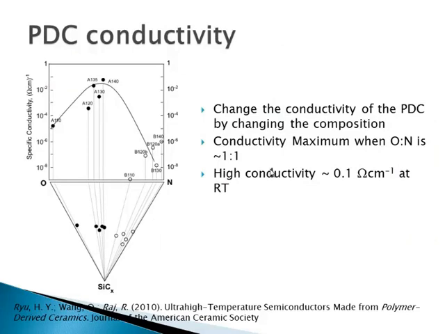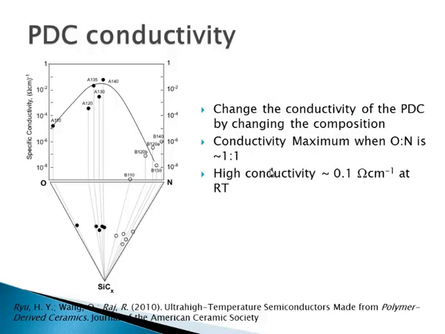When we look at how conductive polymer-derived ceramics are, it actually changes with the composition. Here you can see the ternary diagram: oxygen, nitrogen, silicon carbide. When we increase the oxygen, of course the conductivity is quite low, and it's the same with nitrogen.